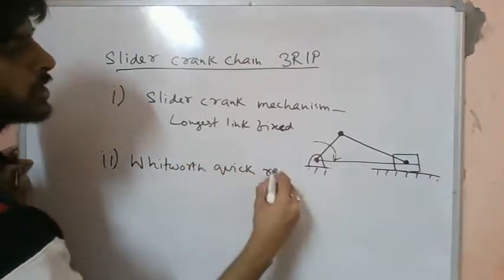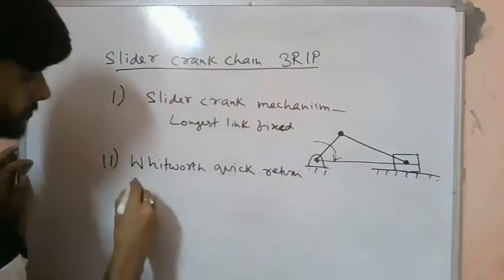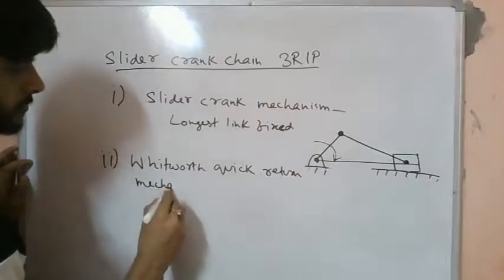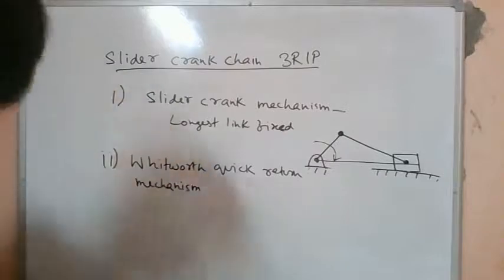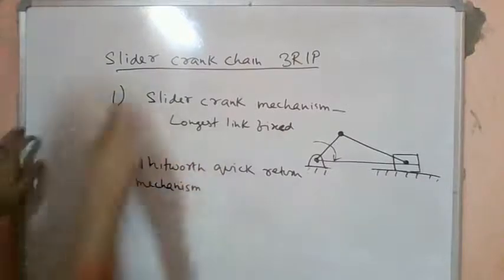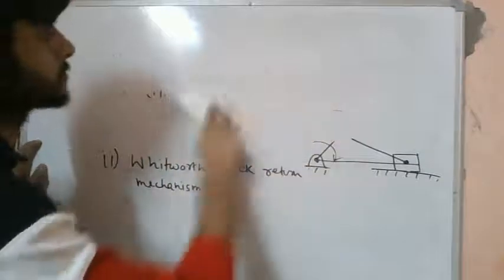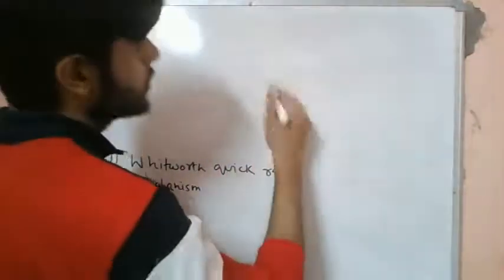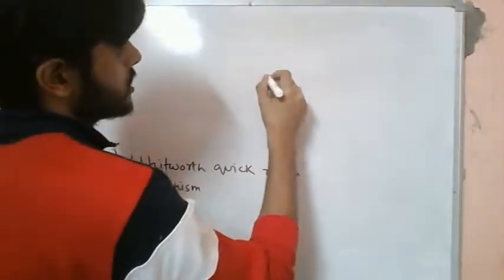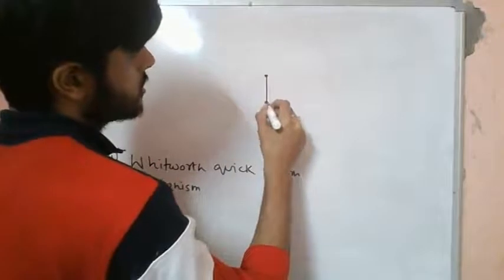So we will see the Whitworth quick return mechanism. Instead of the longest link, now we have fixed the shortest link. So this is the shortest link.